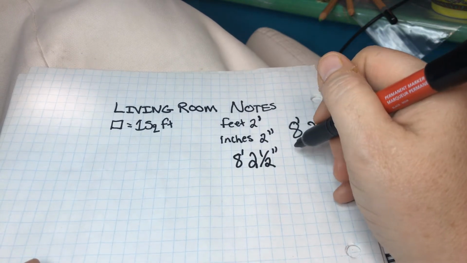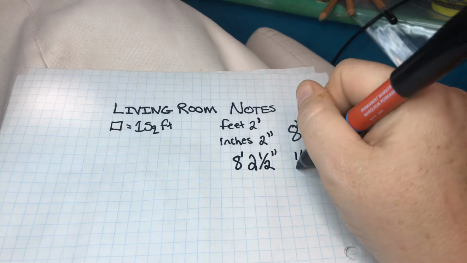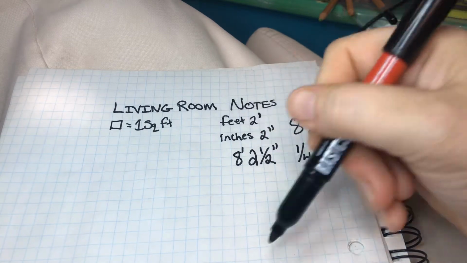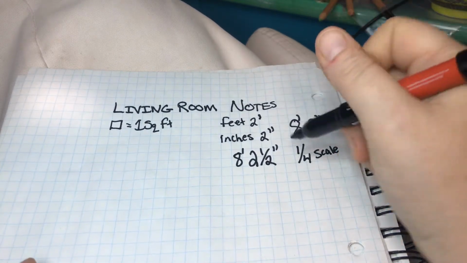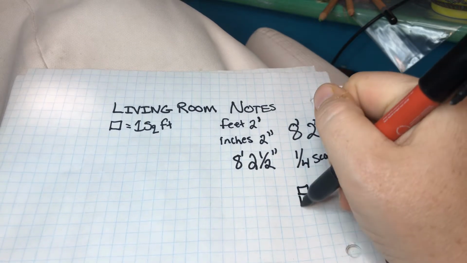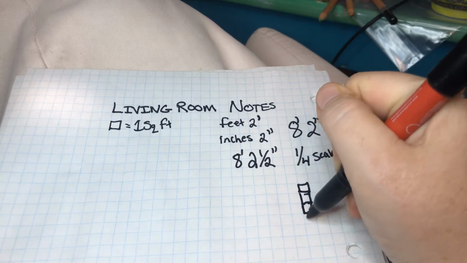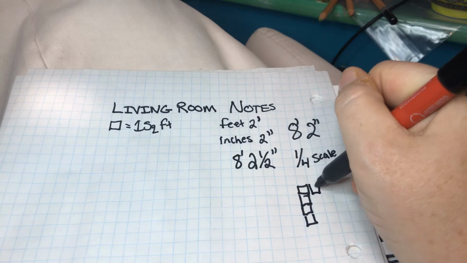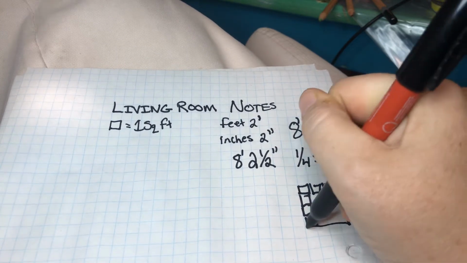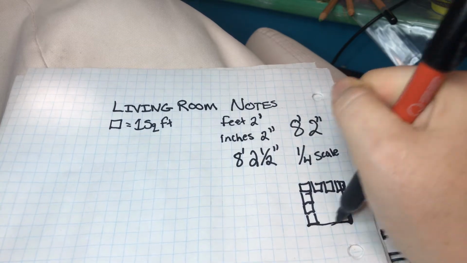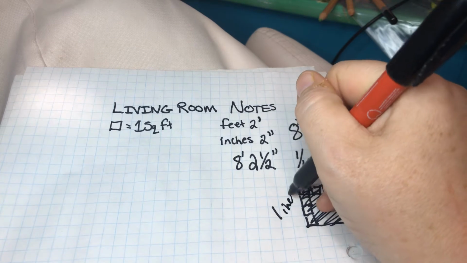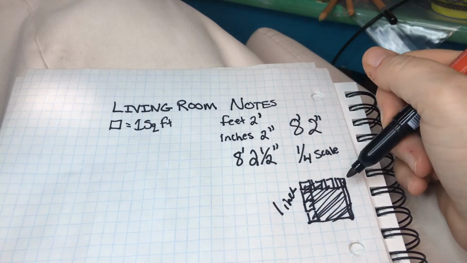You will see people talk about 1/4 scale, which you're kind of using because the grid paper that you have is sort of 1/4 scale. So what that means is 1, 2, 3, 4 by 1, 2, 3, 4. This, if I get out my measuring tape, should equal 1 inch. That's what 1/4 scale means.